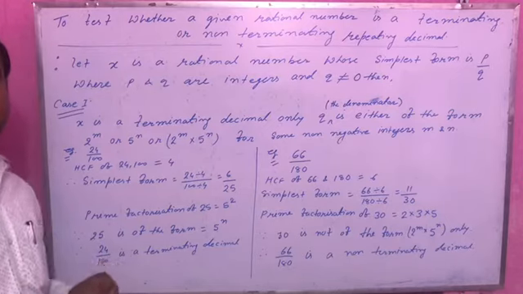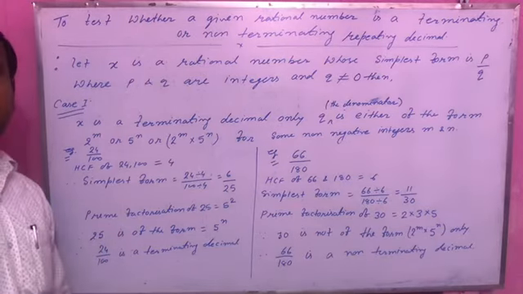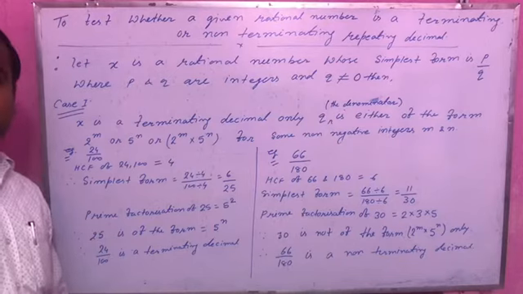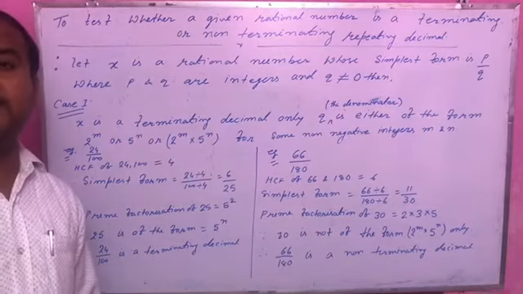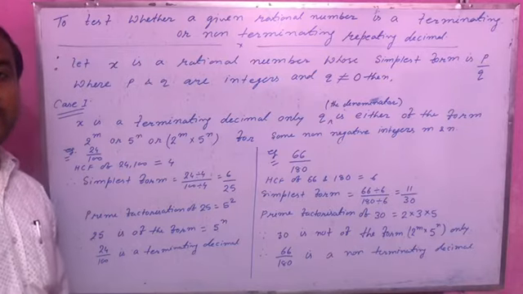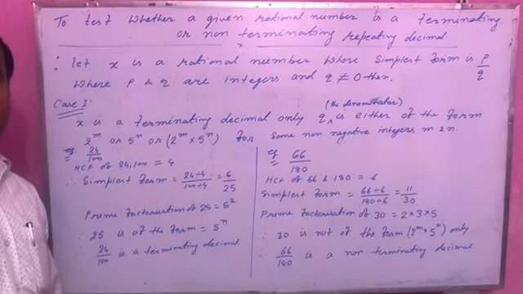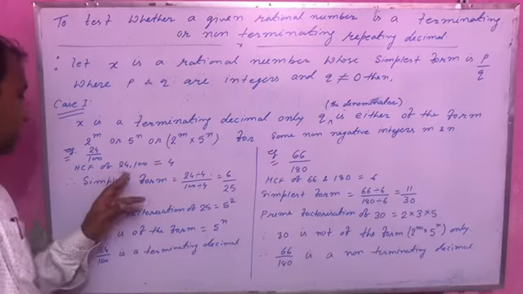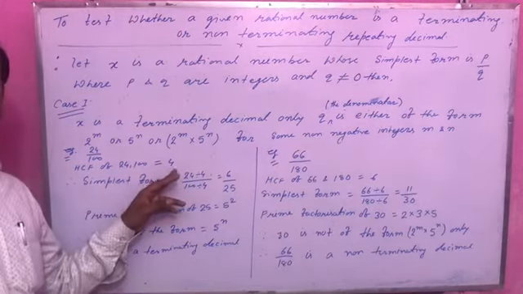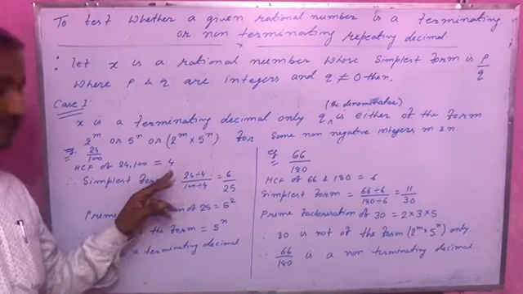So at first we will find the HCF of the numerator and denominator. If the HCF is 1, the number is in simplest form already. And if the HCF is other than 1, the number will be divided by the HCF. The HCF of 24 and 100 is 4, as we have got.